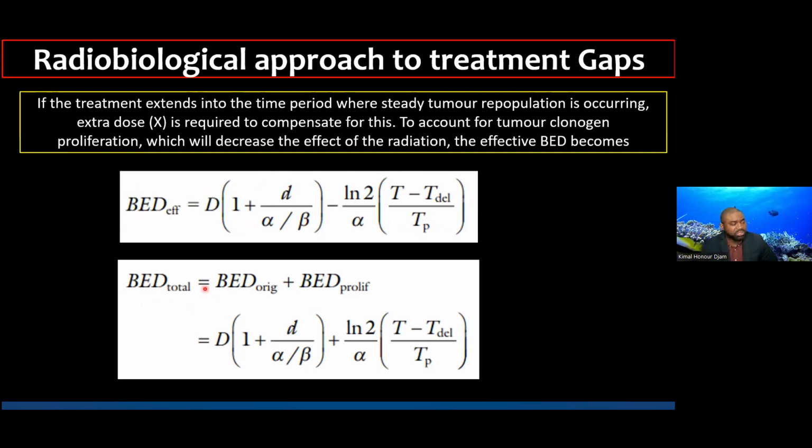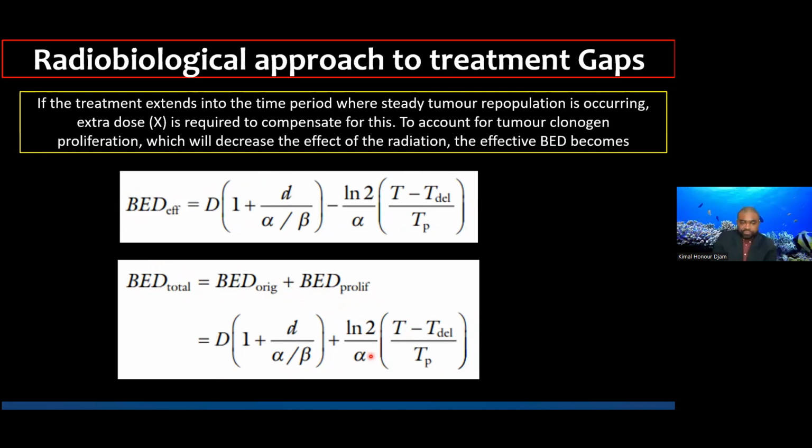So the total BED, or the effective BED, is equal to the original BED plus the BED of the proliferated clonogens. And so if you look at this equation, this is what we knew. This is the addition in order to account for the extra cells.